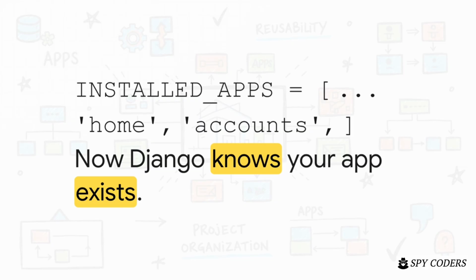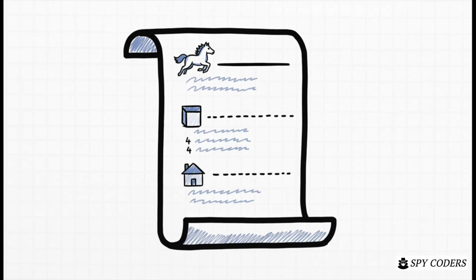Your project is officially aware of its new feature. And here's a quick pro tip for when your projects start to get bigger. To keep your settings.py file nice and clean, it's a great practice to organize that INSTALLED_APPS list. You can create sections, one for Django's own apps, another for third-party apps you've installed, and a final one for all the custom apps you've built. It makes managing your project so much easier down the line.